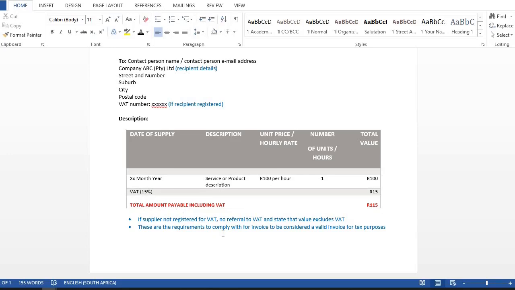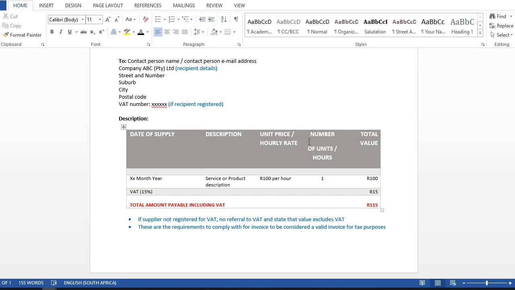So these are the requirements to comply with for an invoice to be considered a valid invoice for tax purposes, and you can use this as a checklist to look at what your invoicing process looks like and whether it complies, but also to have a look at the invoices that you are receiving from external parties or suppliers.